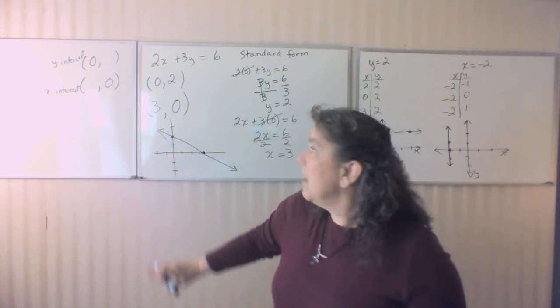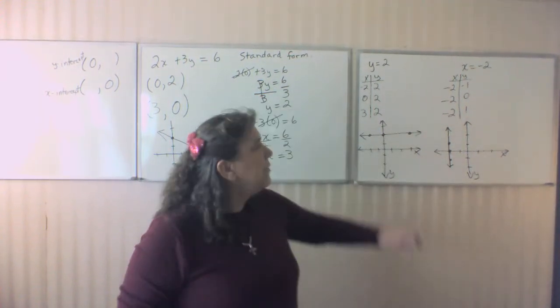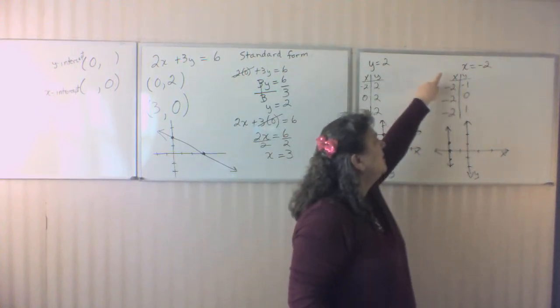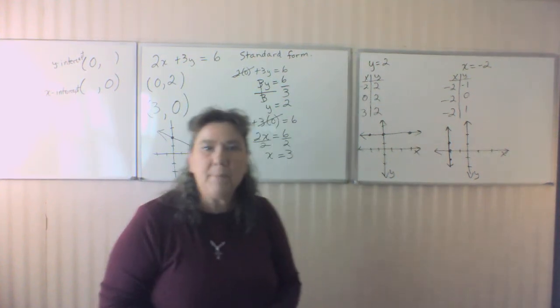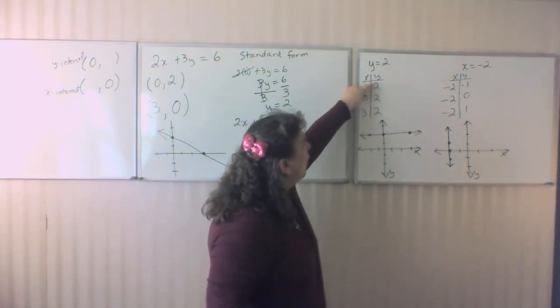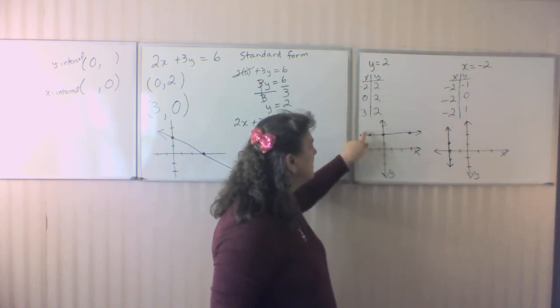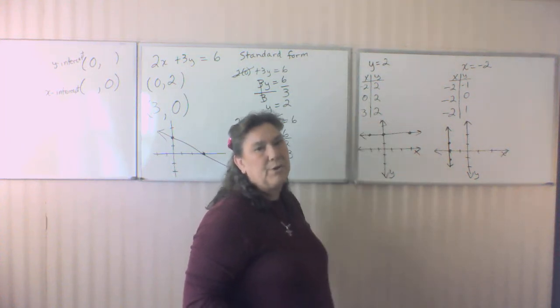So you're going to graph using x and y intercepts. You're going to recognize the special graph of a horizontal line and the special graph of a vertical line. And why that happens? It happens because all of the y values have to be the same. So no matter what your x is, you're always going to end up at this particular value on your y.